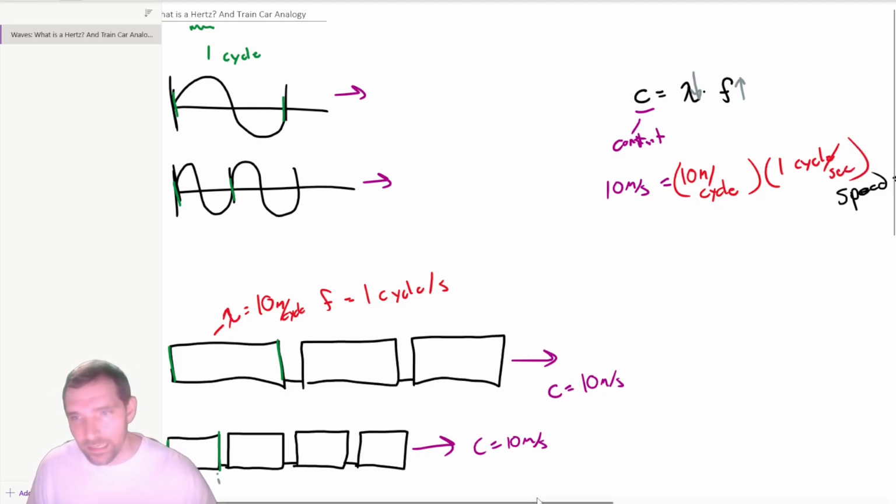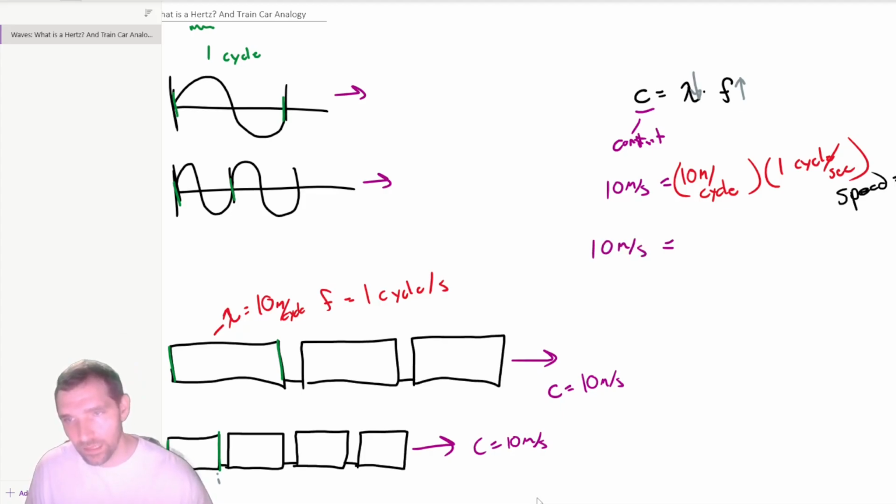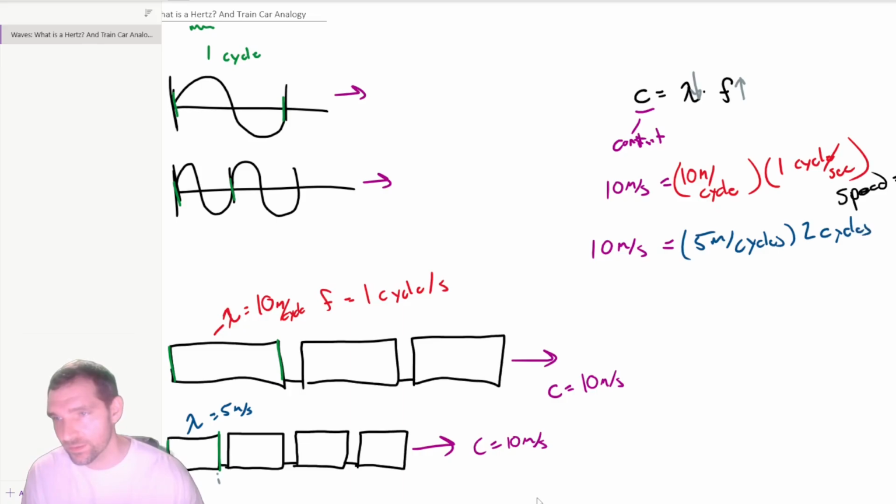Then if we do the same speed, and let's say we cut the wavelength in half, let's say that the wavelength now is 5 meters, how many of these cars are going to go by in a second? Well, it should be 2. You should have 2 cycles per second.